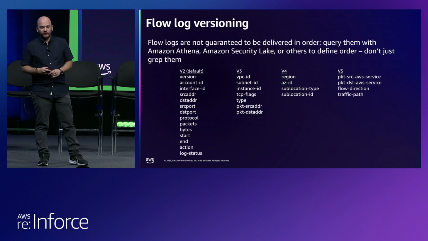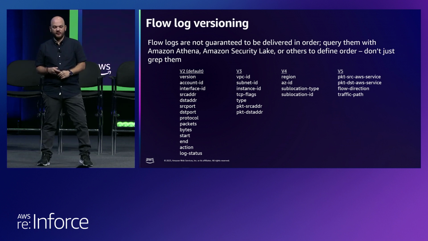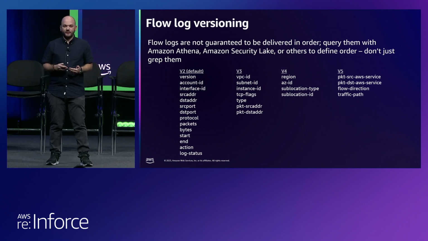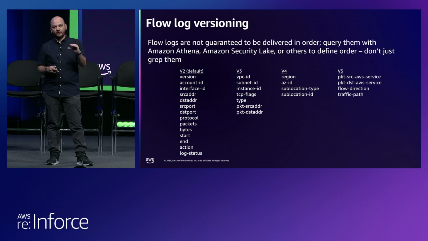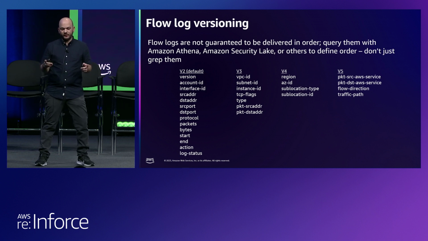Great. And with flow logs, we have different versions that you can configure. And the cool thing is that each one of these has a different use case with our customers. You have version 2, which is the default that comes with flow logs, that allows you to do inspection on an account level. You can see the network ID of the traffic coming in and out, the number of packets, the bytes, the start of the session, the end of the session, and so on.